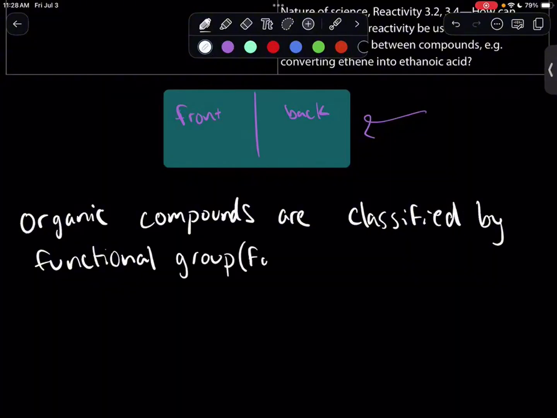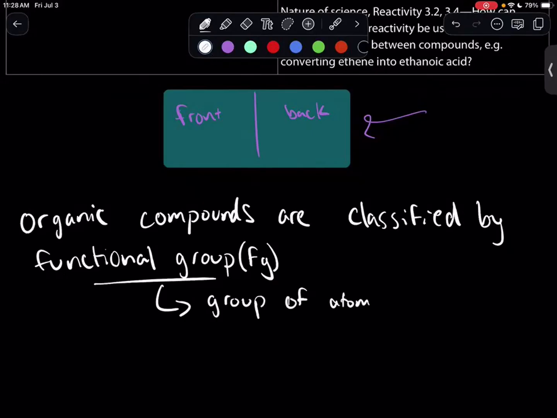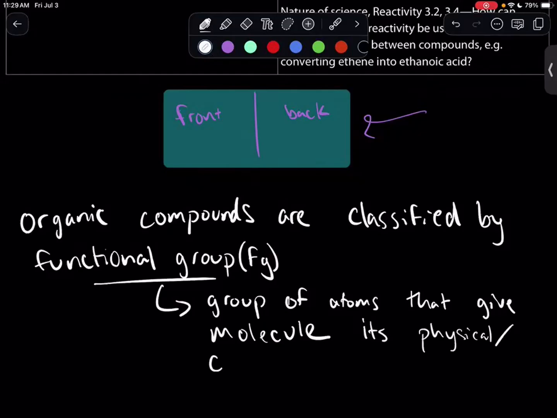I'm going to be shortening it to FG for the remainder of this video, but a functional group is nothing but a group of atoms that give an organic molecule its physical and chemical properties.